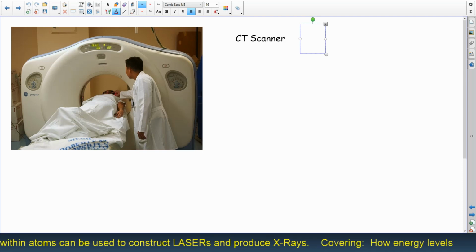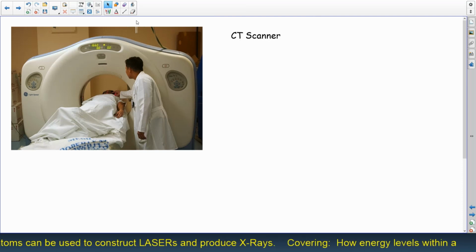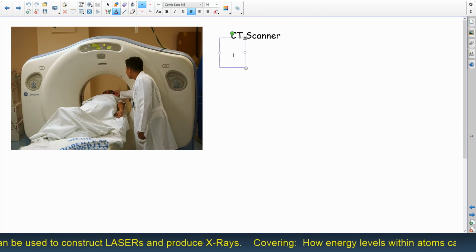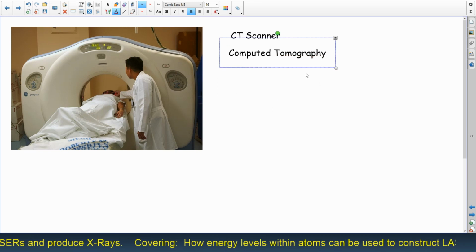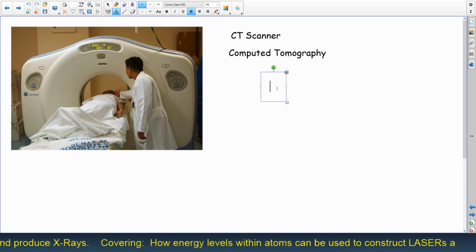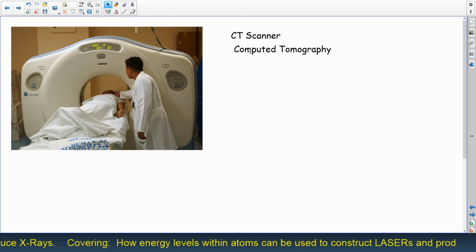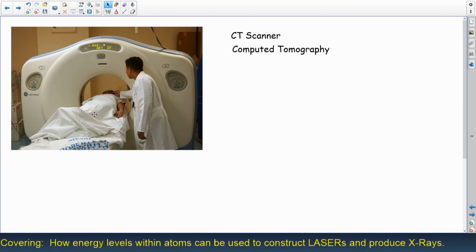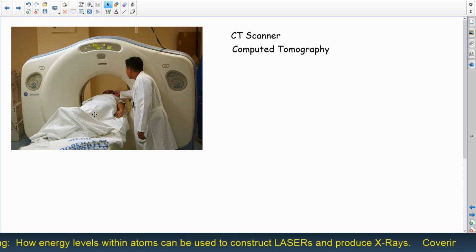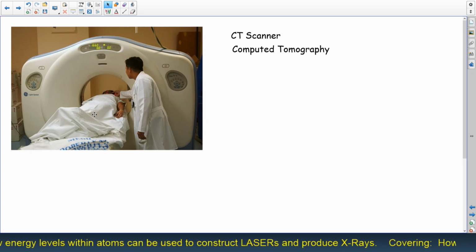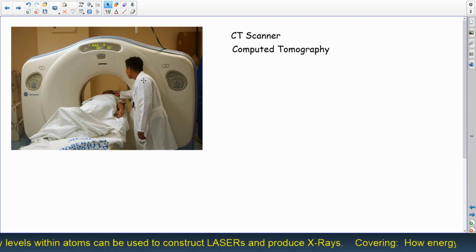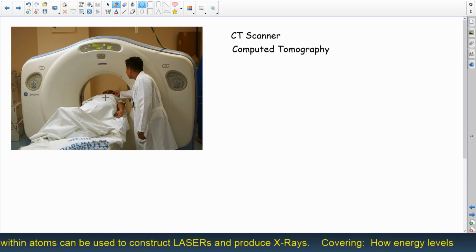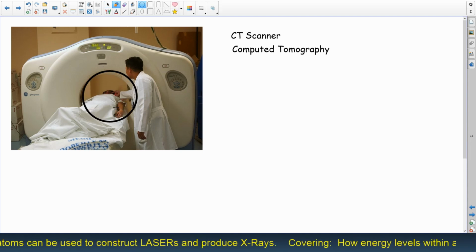This is a CT scanner, with CT standing for computed tomography, where a tomograph is a sliced image of something. And rather than a singular flat X-ray of something, we perhaps want a slightly more 3D impression of what's happening at various places. Okay, so this kind of ring structure is created here.